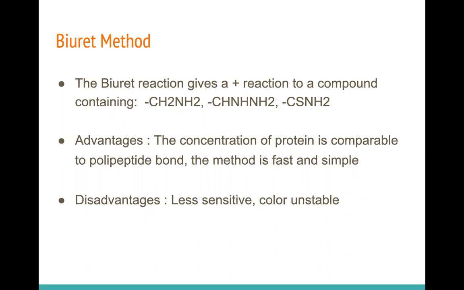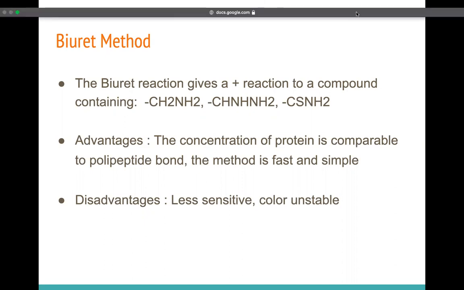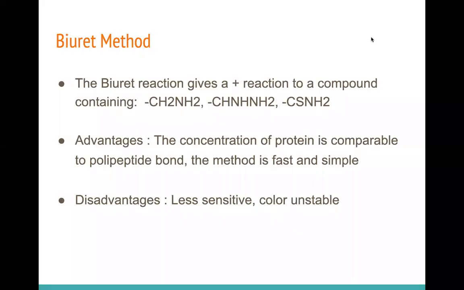The advantages of using the Biuret method are that the concentration of a protein is comparable to the polypeptide bonds, and the method is simple and fast. The disadvantages of the Biuret method are that it is less sensitive, and the color is sometimes unstable. Why is this method less sensitive?